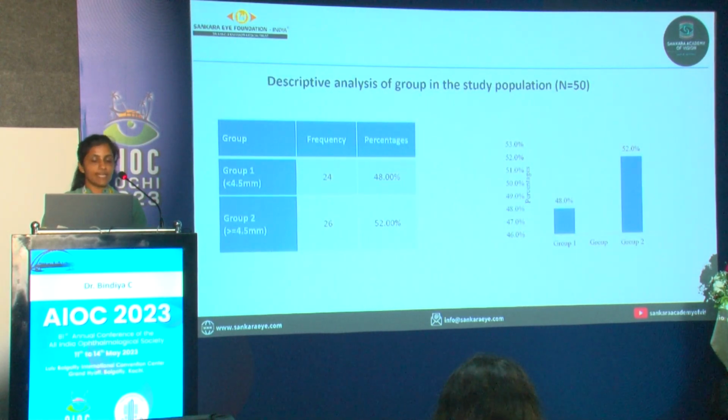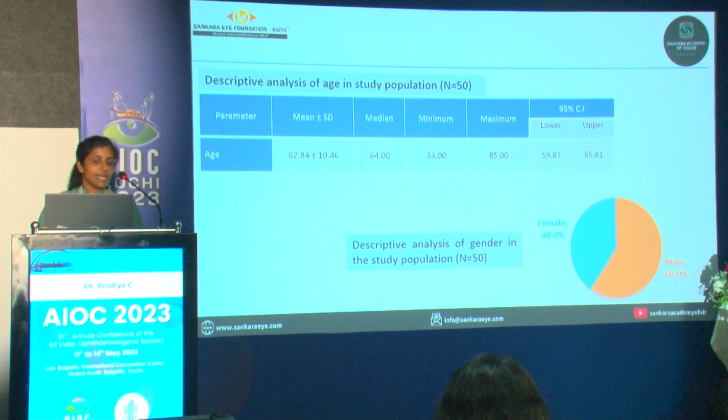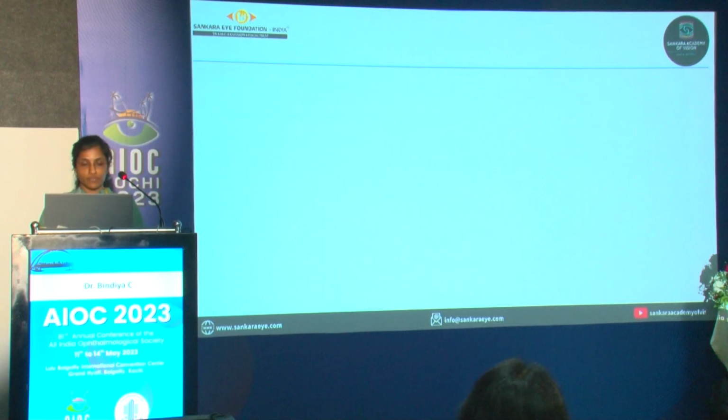Group 1, that is less than 4.5 millimeter, included 48% of the participants, and Group 2 included 52% of the participants. Mean age was 62.84 plus or minus 10.46. 40% were females and 60% were males.